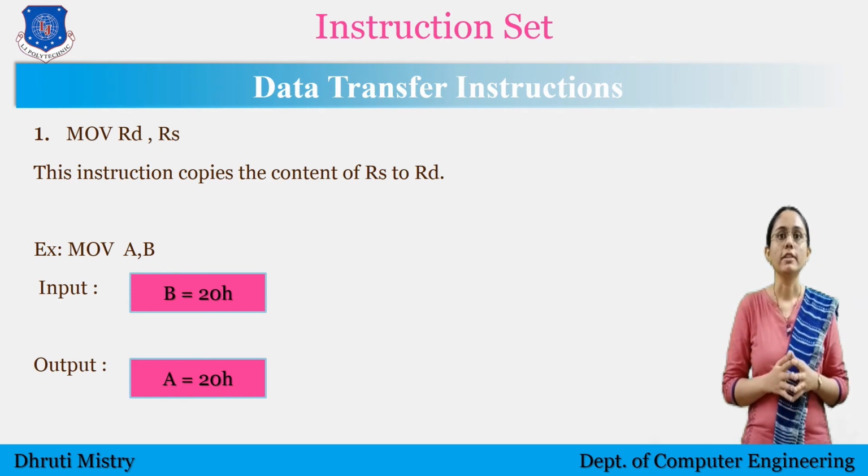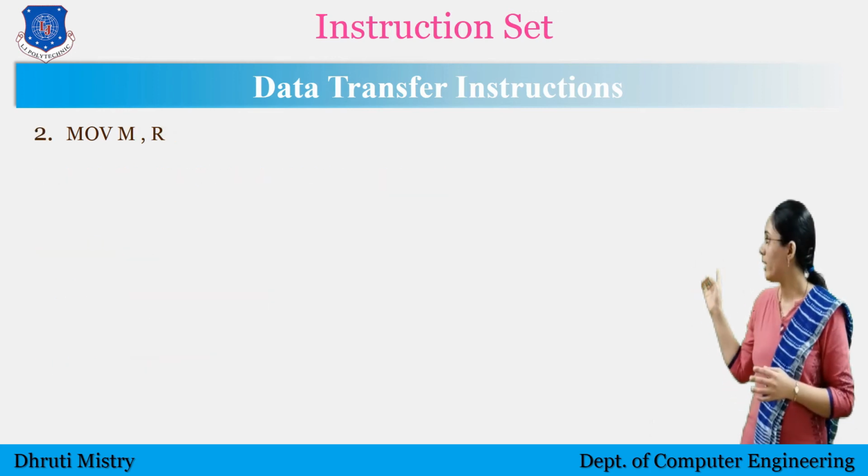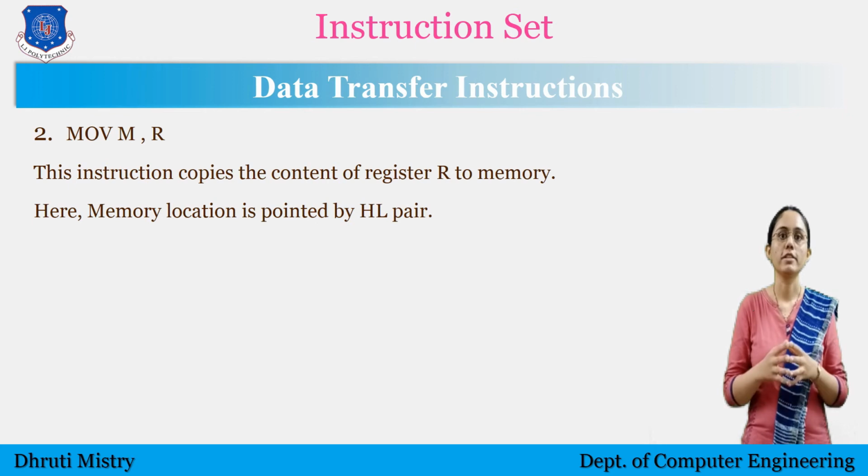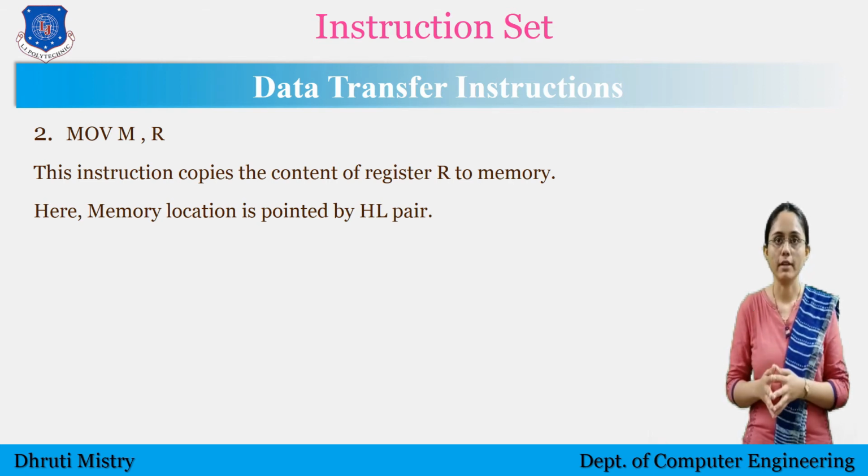Second instruction, that is MOV M, R. This instruction copies the contents of register R to memory. The basic thing we need to understand is that the memory is pointed to by the HL pair.